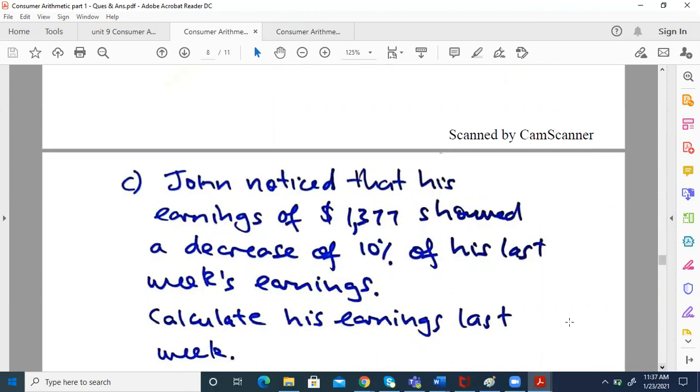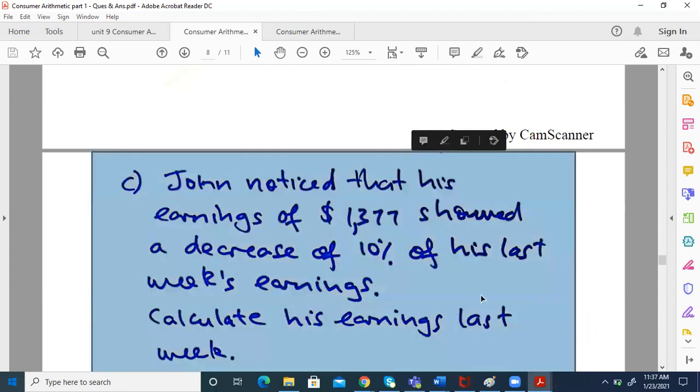So it says John noticed that his earnings this week, so this amount, showed a decrease of 10% of last week. So that means that last week's earnings would have been more, right? Yes. So, sir, what do you think about that?